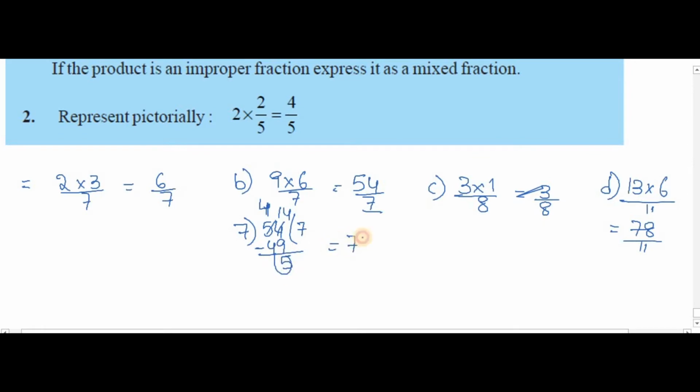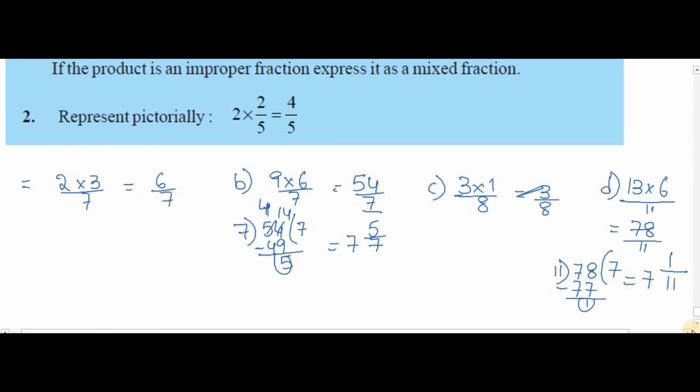So we can write this as 7 5 by 7. And 3 by 8 is proper. Okay, 78 by 11 is an improper fraction. 11 7s are 77. After subtraction, you'll get the remainder 1, so 7 1 by 11. So in this way, we can do this.